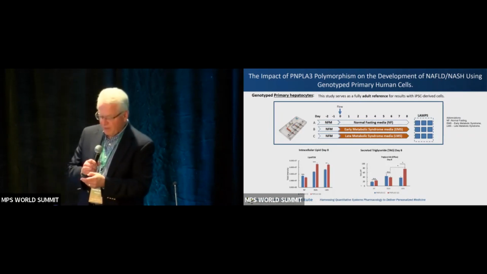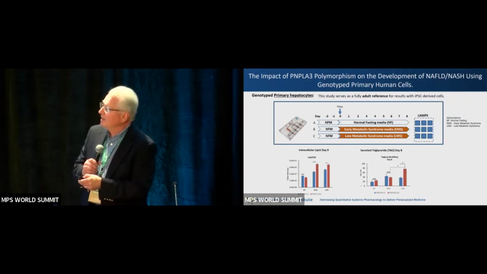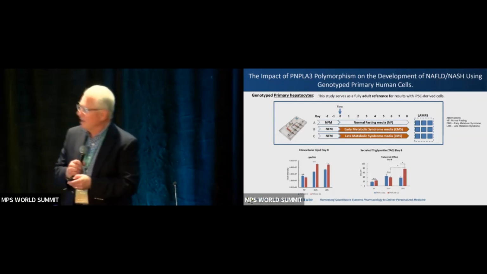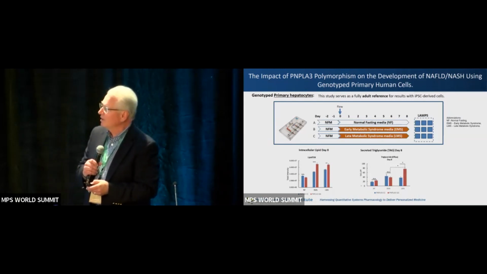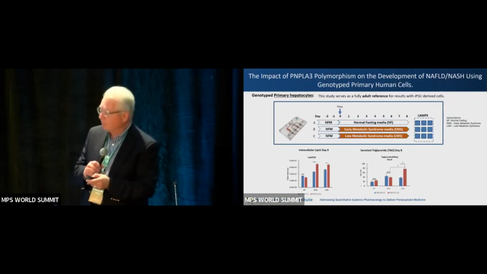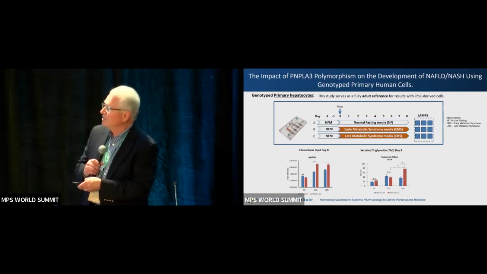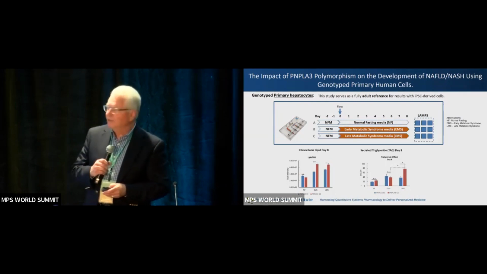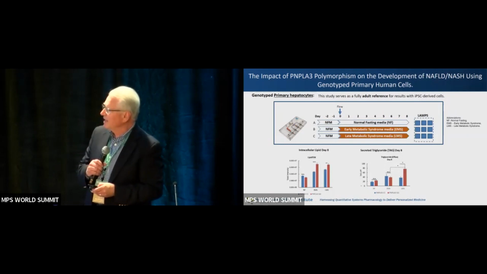And so we've started by identifying in primary hepatocytes that were genotyped those quote low risk and the high risk PNPLA3 to do experiments on. So we've essentially set up chips that are in normal fasting media, early metabolic syndrome media, and then driven to the later stages of the disease.